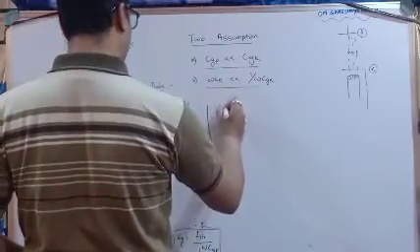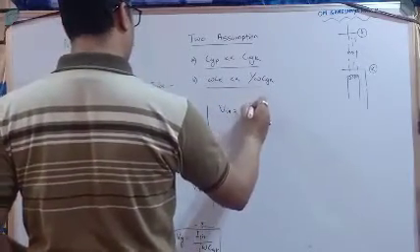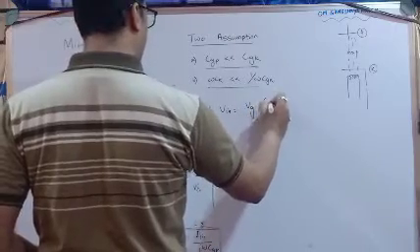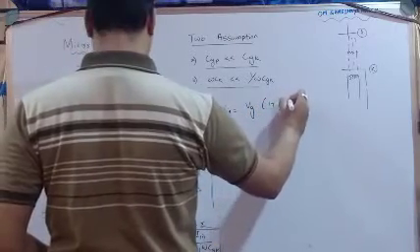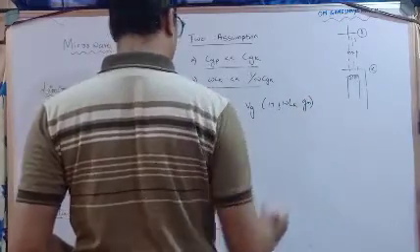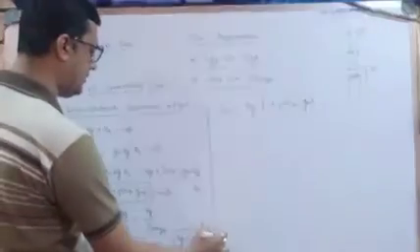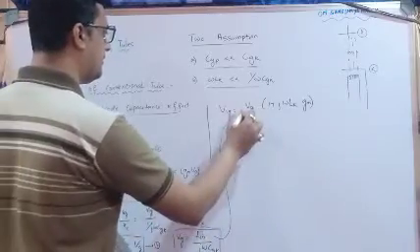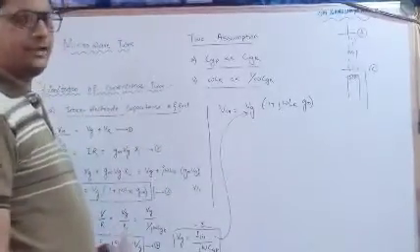So V in is equal to Vg times 1 plus j omega Lk into Gm. I am going to substitute this value in Vg.